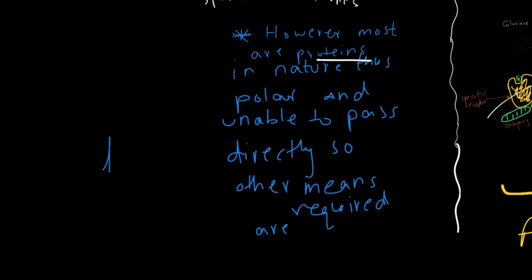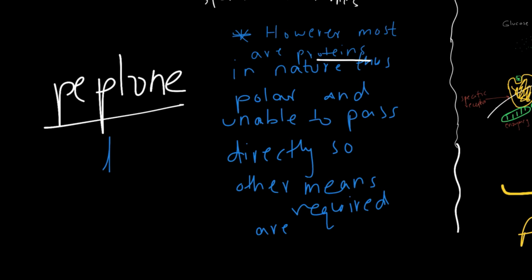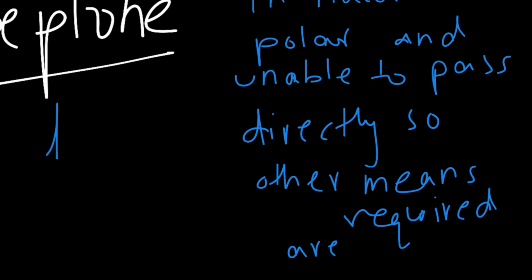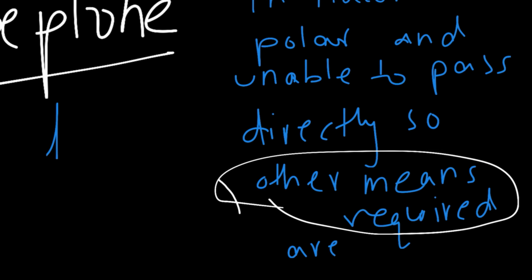They can either be proteins or short polypeptide chains, which we also call peptones, right? So peptones or proteins in nature, and proteins are generally polar. As they're polar, and sometimes even large molecules, they can't diffuse directly, right? So other means are required.